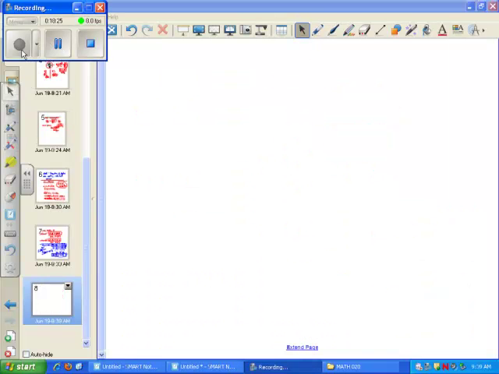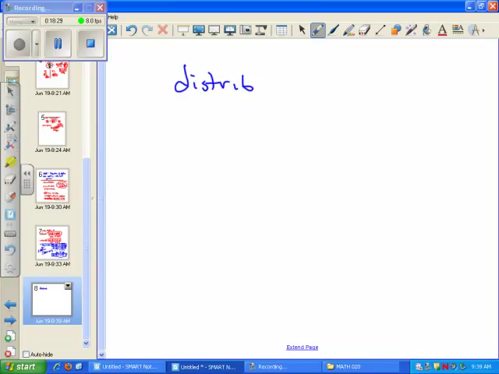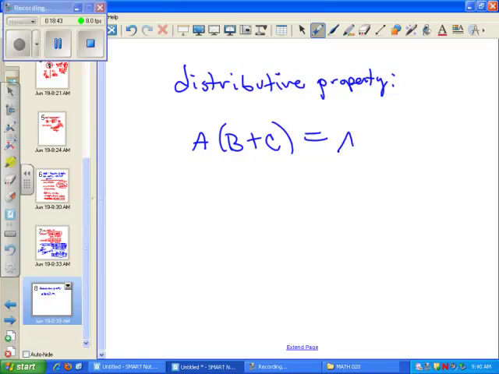The next one is going to be the distributive property. Let's zoom in on that. You may be recalling that it says that A times B plus C is mathematically equivalent to, anybody?